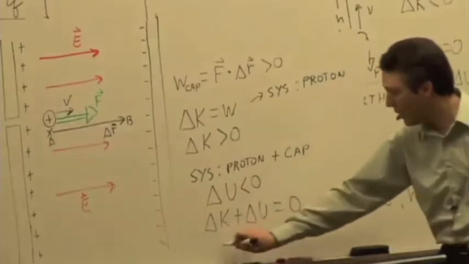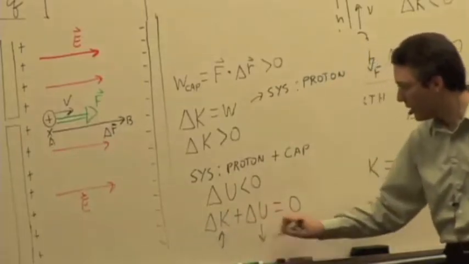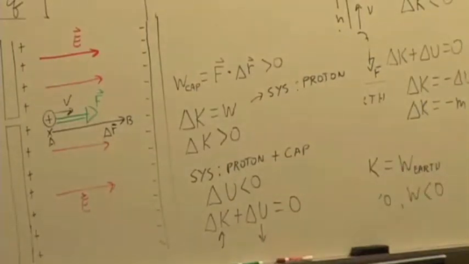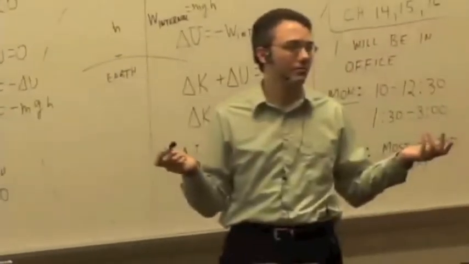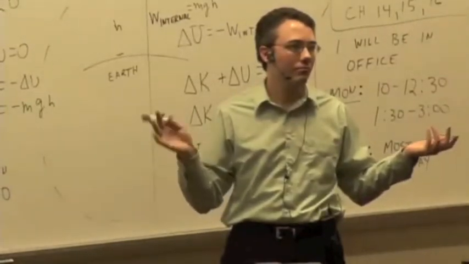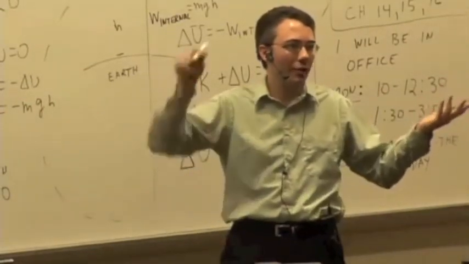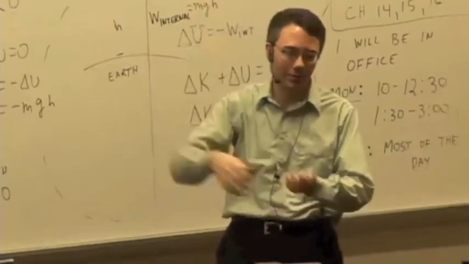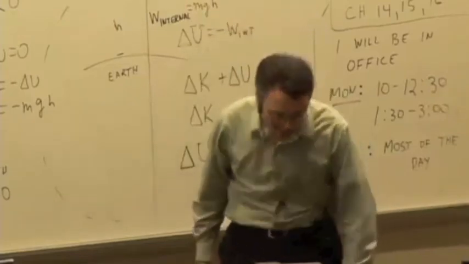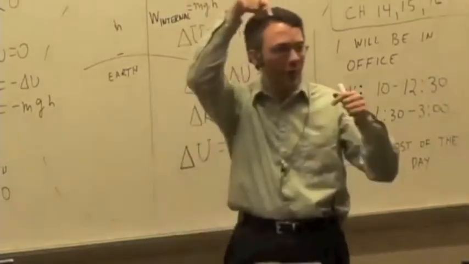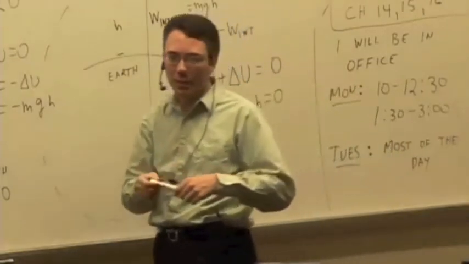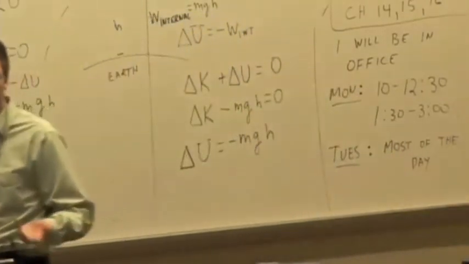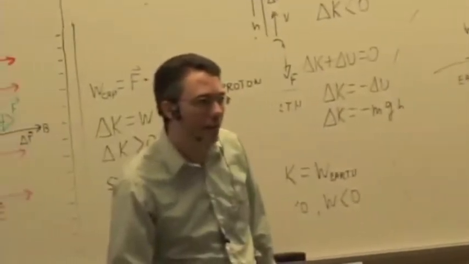If the kinetic energy increases, the potential energy has got to decrease. So this looks exactly like which situation we just talked about? The ball, right? Dropping the ball. If you drop the ball, or the marker, and let it fall, the gravitational force is in the same direction as the displacement. Kinetic energy goes up, potential energy goes down. We okay here? Questions?